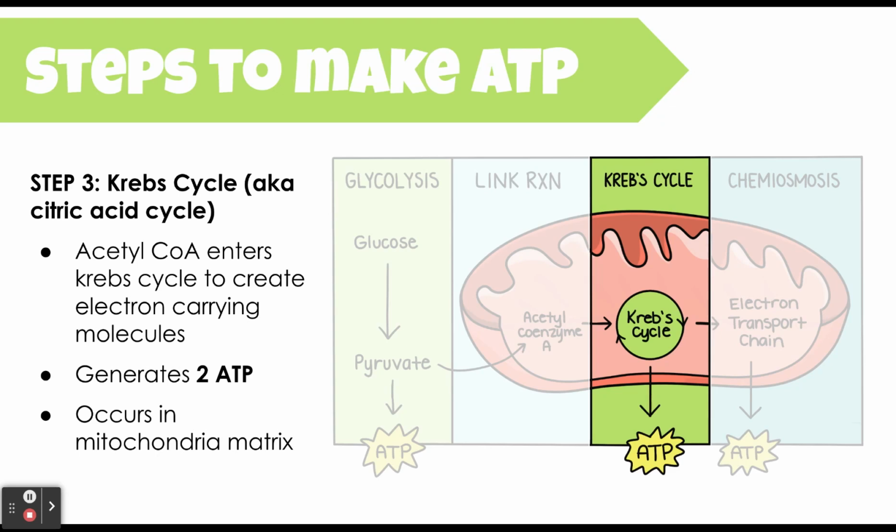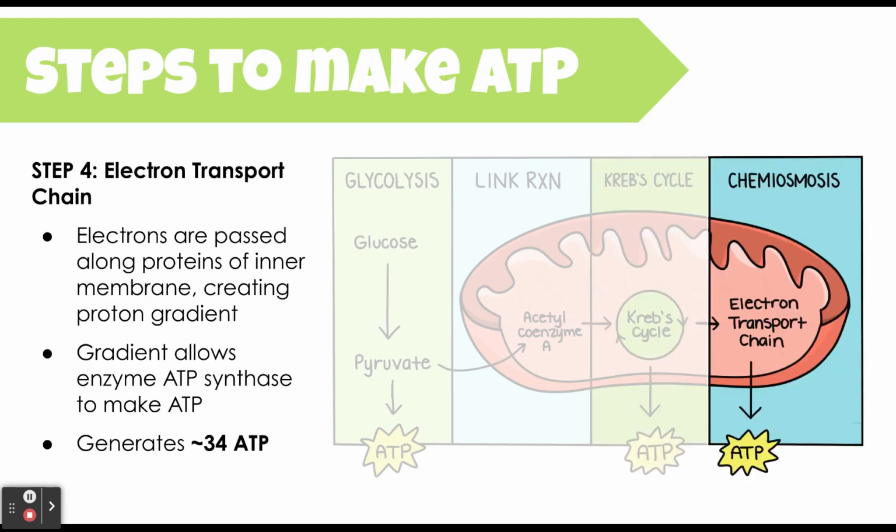Now, the products, the molecules that carry electrons, are then going to move on to the next step of cellular respiration called the electron transport chain. This is also referred to as chemiosmosis because what we're going to have happen is molecules moving through the inner membrane of the mitochondria, and this is going to create a gradient of protons, those positive parts of an atom.